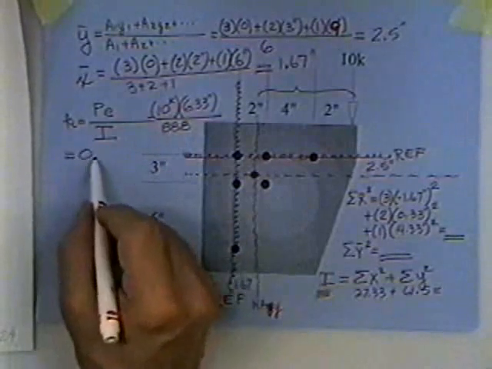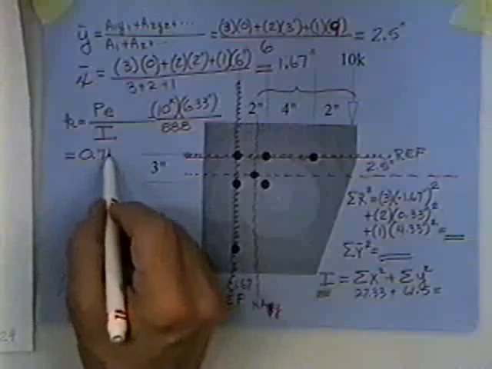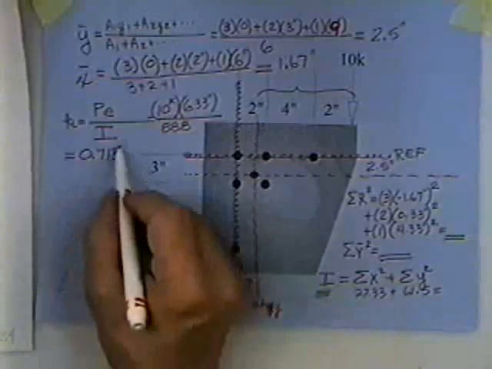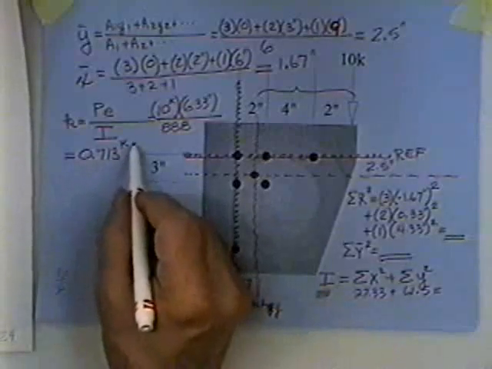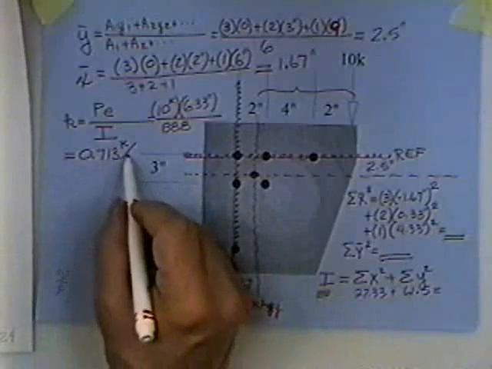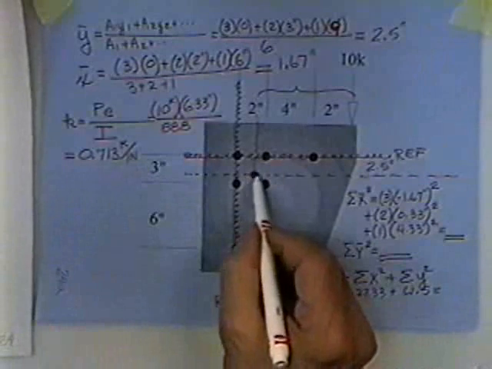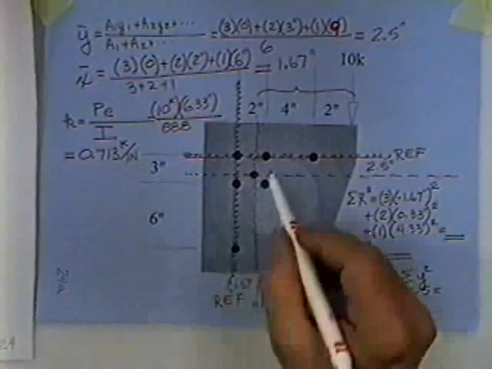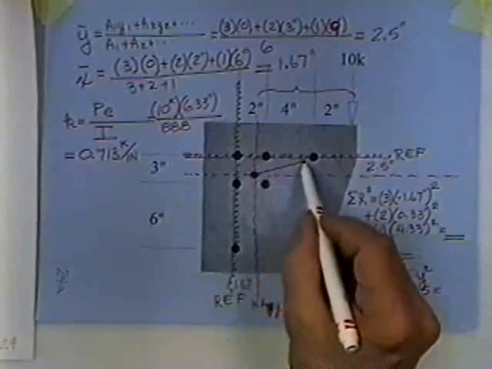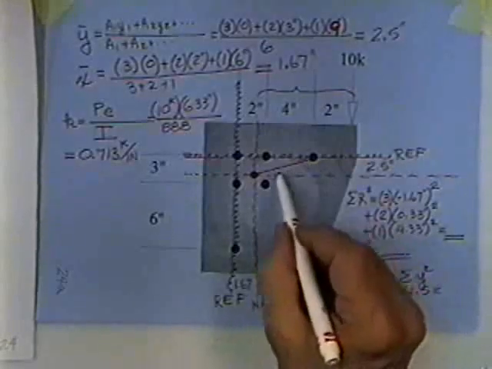What that is telling you is, I don't care where your bolts are, they will have this many kips for every inch away from the neutral, every inch away from the centroid that they live. So for instance, you see this bolt way out here?